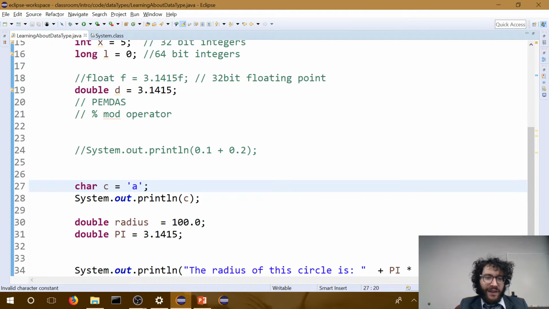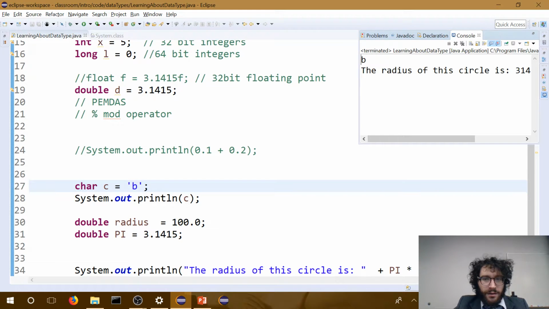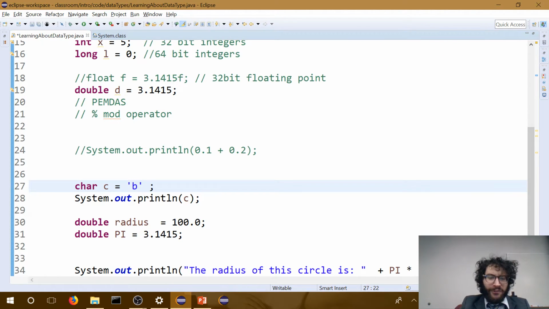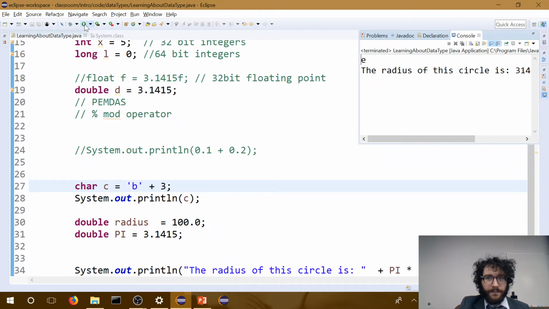The symbol that represents A, the symbol that represents B. Okay? The symbol that represents B plus 3. What? B plus 3? That's valid. A, B, C, D, E. Three characters after.